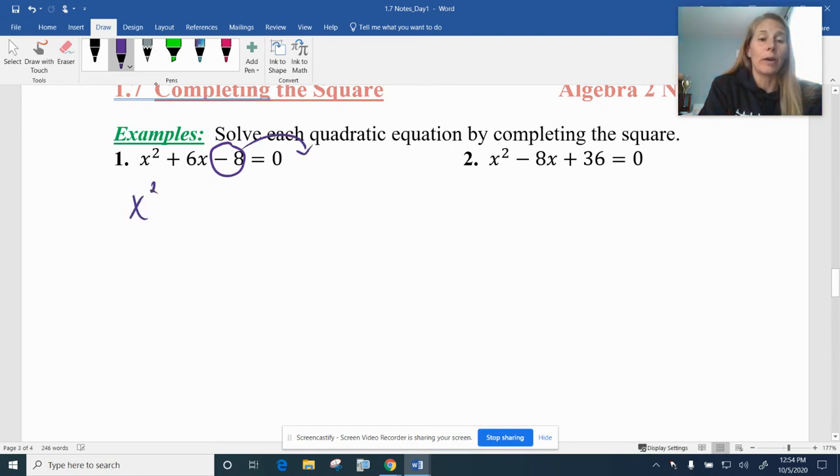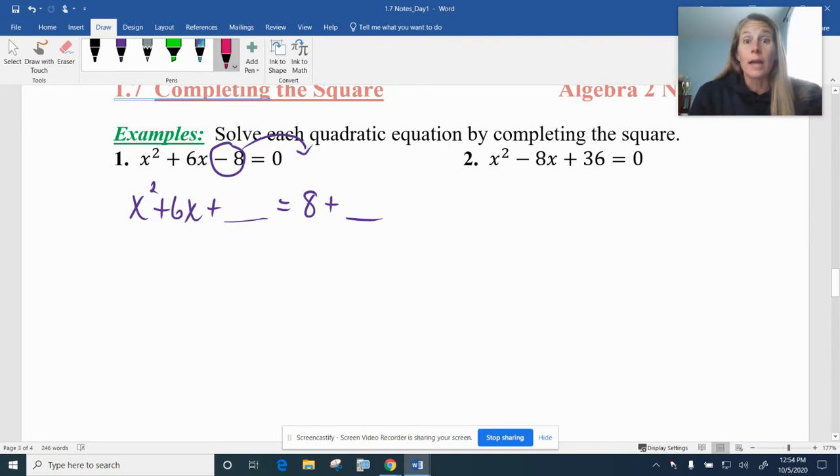So we have x squared plus 6x. And now we've moved our 8 to the other side, making it positive. Now at this point, you want to figure out what that c value is that makes this a perfect square trinomial, which we already said was going to be 9. And you get that by taking your middle term, that b value, dividing it by 2, and then squaring it.